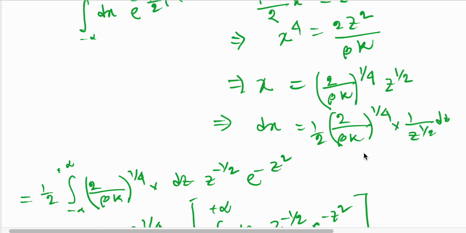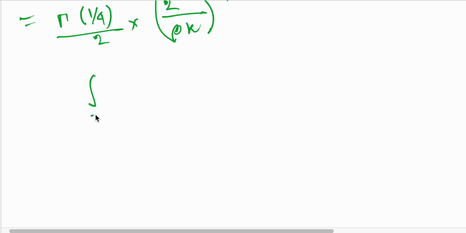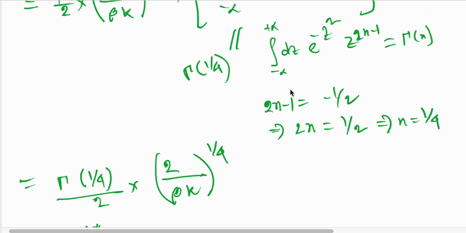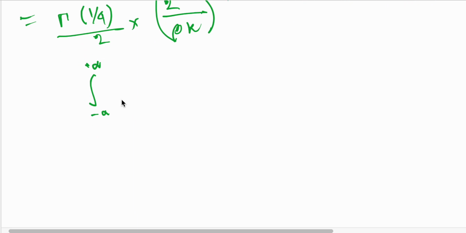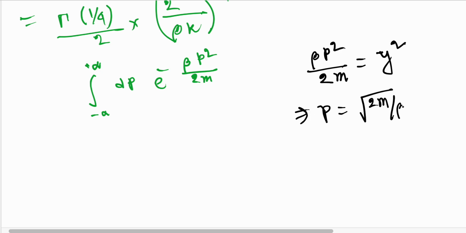So this will give that, and let me do the other integration. Minus infinity to plus infinity dp e to the power minus beta p square by 2m. In a similar manner we take beta p square by 2m equal to some y square, which gives p equal to root over 2m by beta into y.